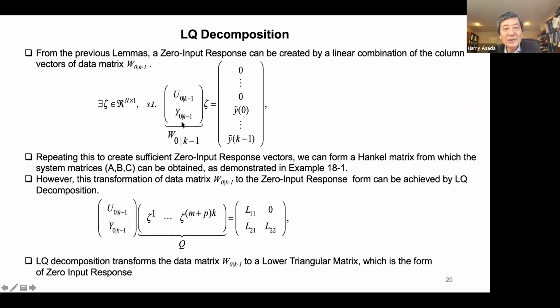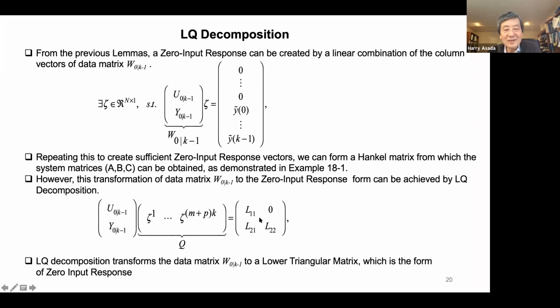And then the previous lemma showed the existence of this G and Z. So if you just find many Gs and Zs like this, and put them in column-wise, you may actually create this form. Remember that this is actually the key part, because this particular part is the zero response part.